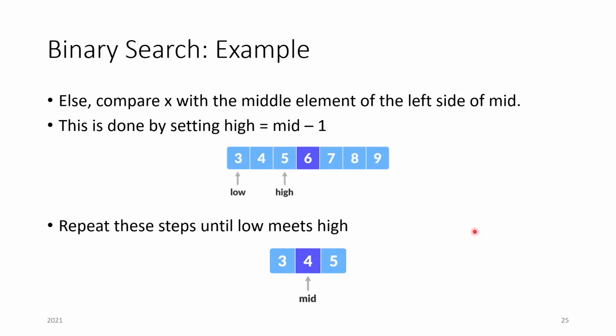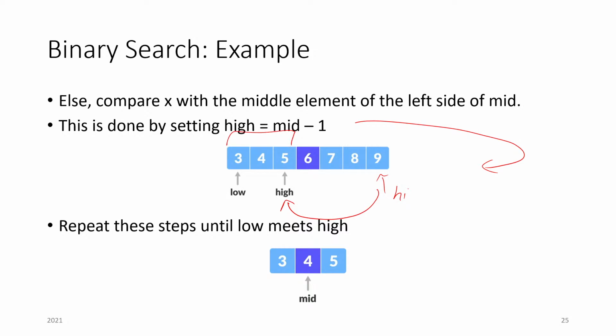So just to re-annotate, what this does is that originally we had high here, but then when we do this, we move high to this point, which is less than our mid value, indicating the range of values that we need to search for.